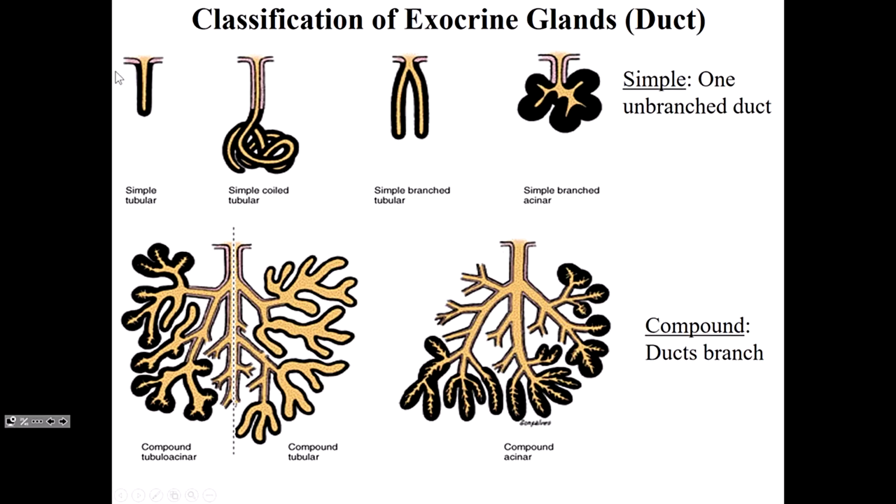If the duct portion in pink is branched, you can see a branch, more branches, then we say that particular gland is a compound gland. So that's the two distinctions based upon the structure of the duct portion. Not branched, simple. Branched, compound. That's it for the ducts. Okay?